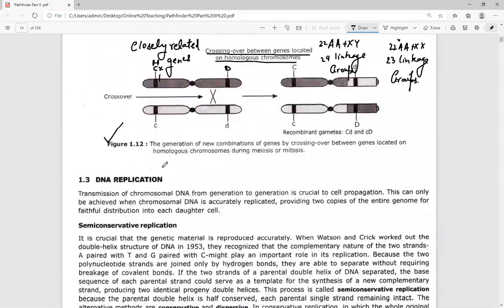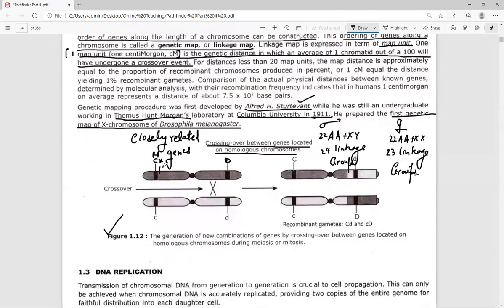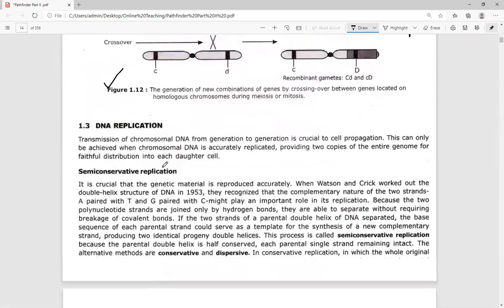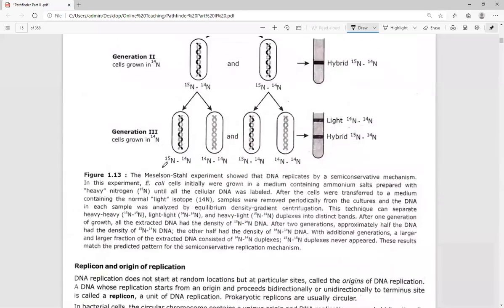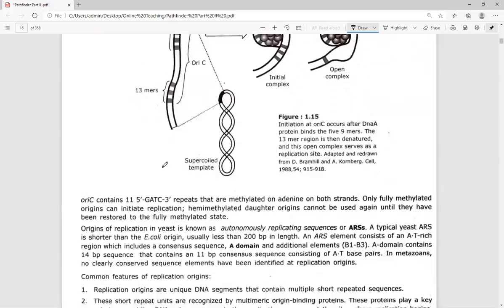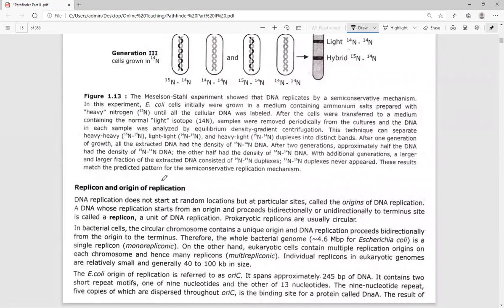Any doubt, any problem, you can just ask me. The next topic is DNA replication. We are going to start DNA replication tomorrow, at least the enzymes of DNA replication, and then we'll move forward. Any doubt till now?